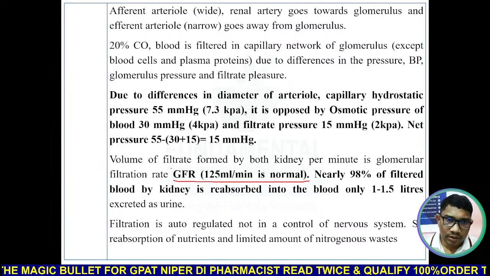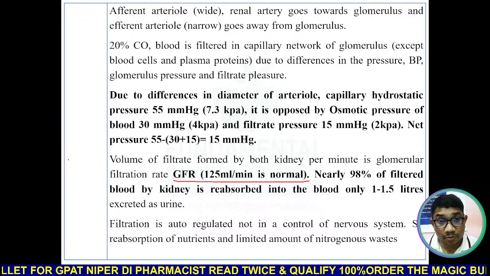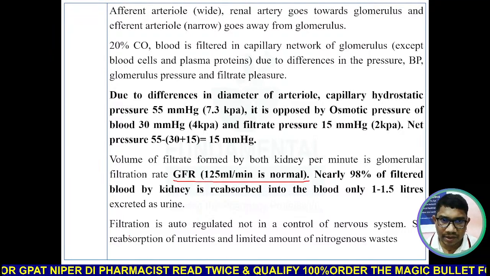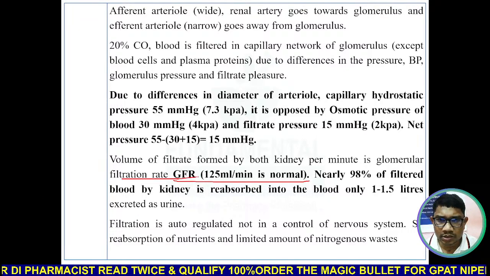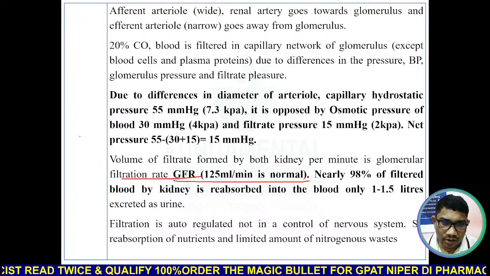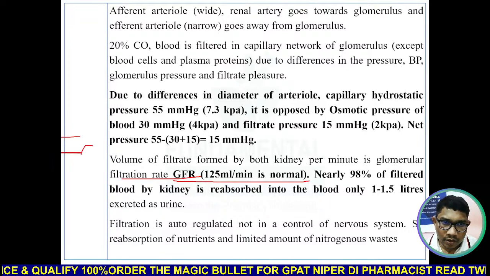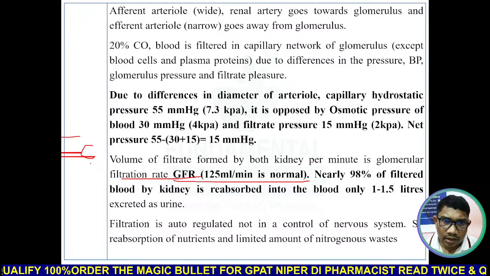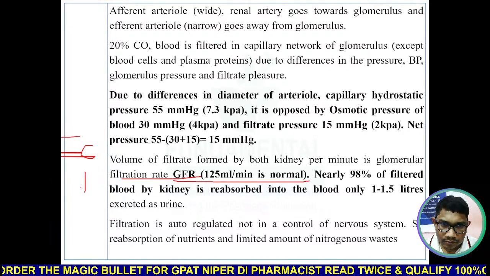Now GFR is measured by using, a question has come on this too. GFR, glomerular filtration rate, is closely related to excretion of creatinine. Creatinine clearance, and second is inulin.